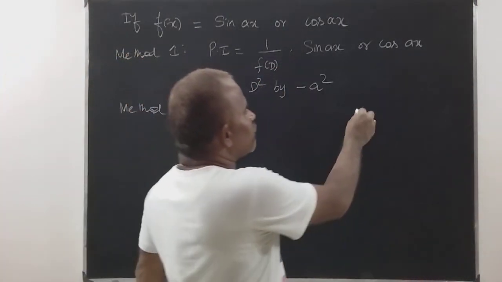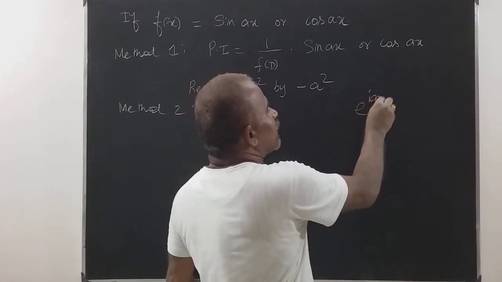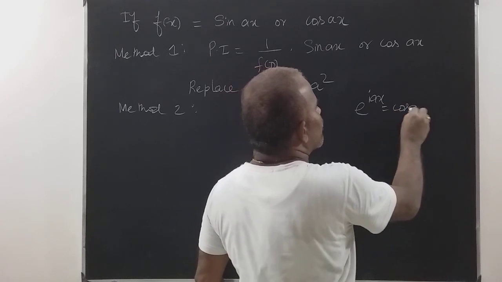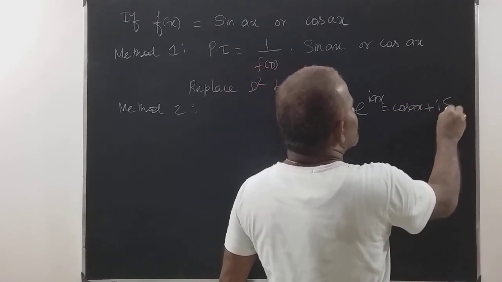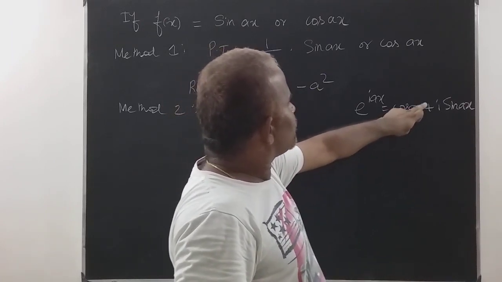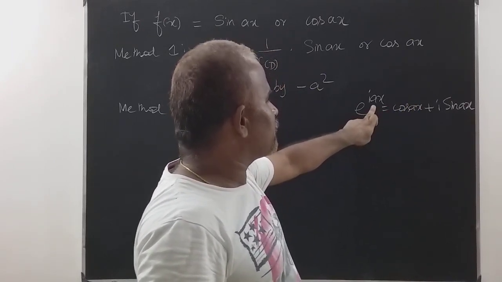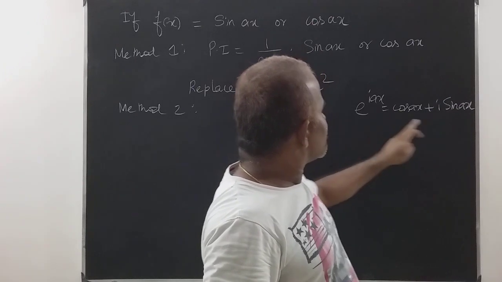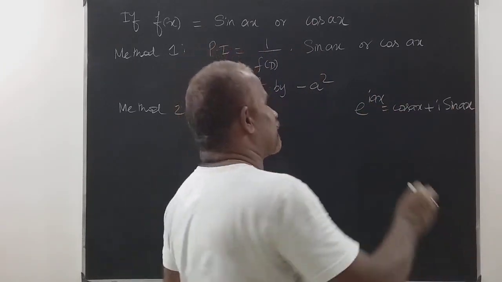sin ax. Actually we know that e power iax is equal to cos ax plus i sin ax. So cos ax is the real part of e power iax, and sin ax is the imaginary part of e power iax.